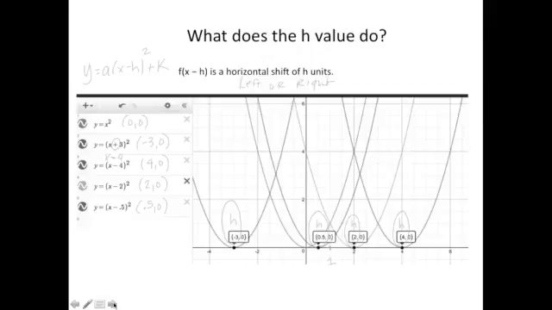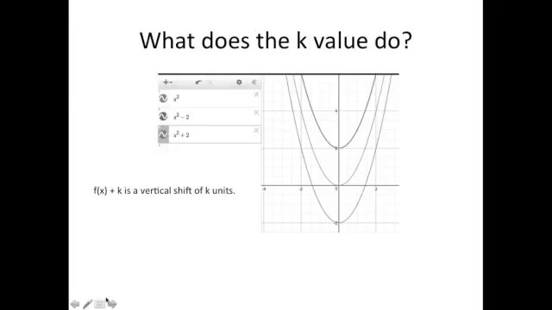Okay? So now let's take a look at the k value. Once again, we are going to continue to examine this generalized formula, y equals a(x minus h) squared plus k.